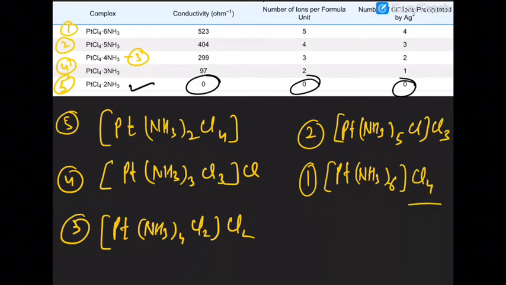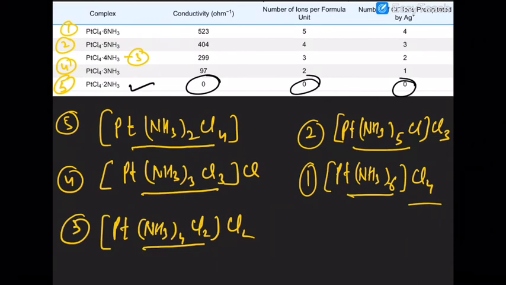Now in each and every case you can see that the secondary valencies are constant: 6, 6, 6, 6, 6, 6, 6. The coordination number is the same in all the cases. But in the first case the number of ions per unit formula is 5. In the second case you are getting 4.